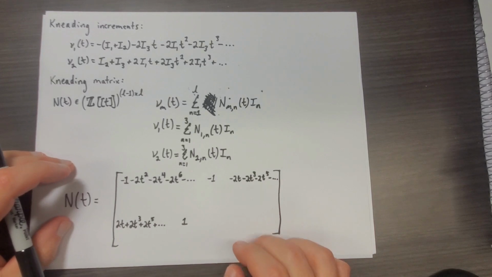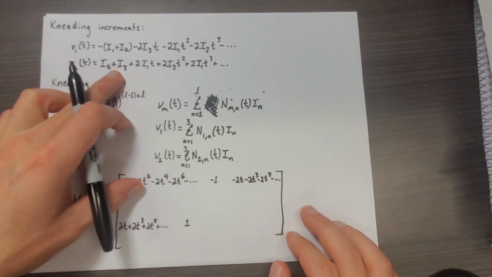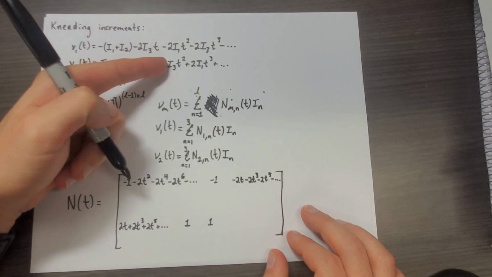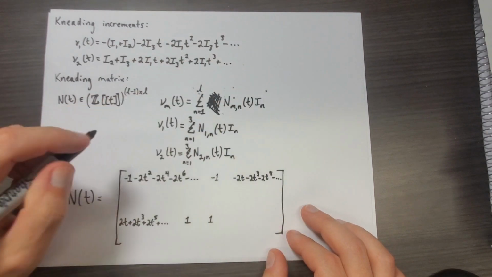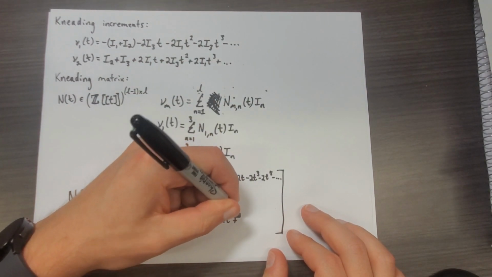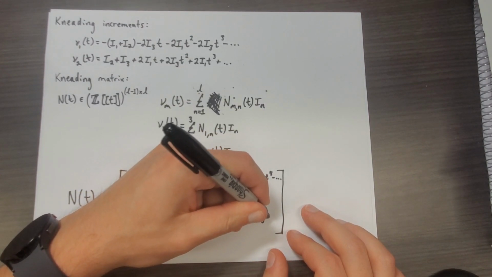I'm staggering these because this one's probably going to be a little bit bigger. I3 occurs in the constant term, so 1, and it also occurs in the even-powered terms, so plus 2t squared plus 2t to the 4th plus 2t to the 6th, and so on.